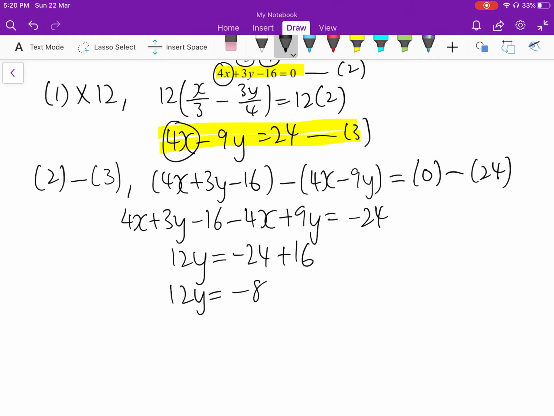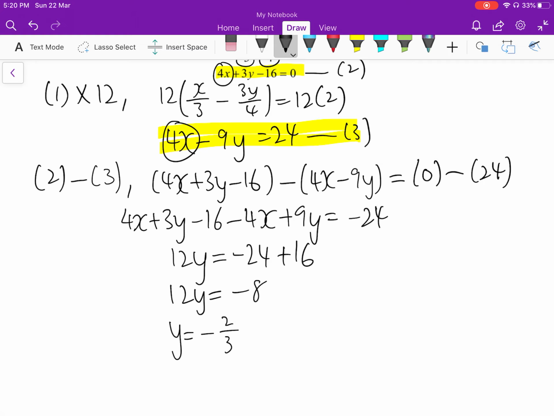I want to find y, so I bring the 12 over, and I get negative 8 over 12. Just key your calculator: negative 8 divided by 12, you get negative 2 over 3.